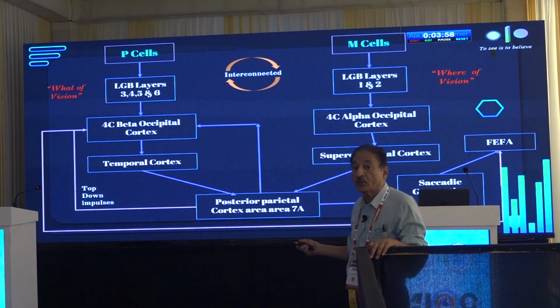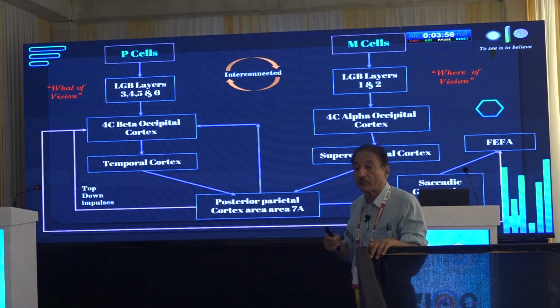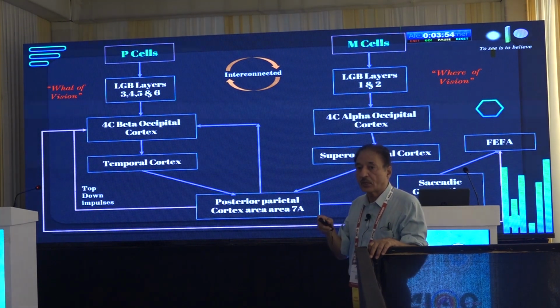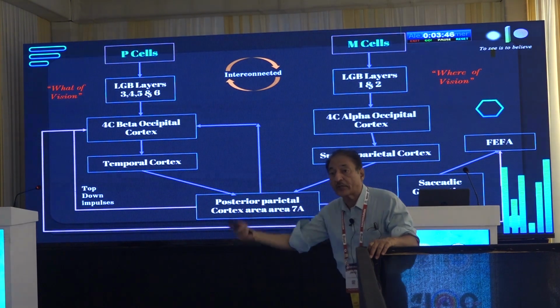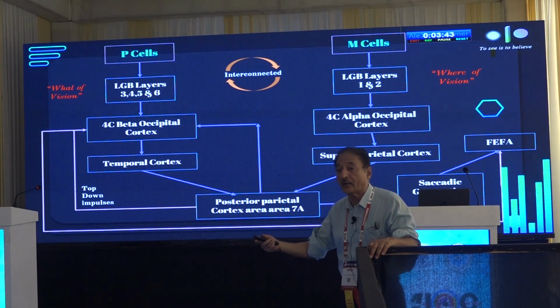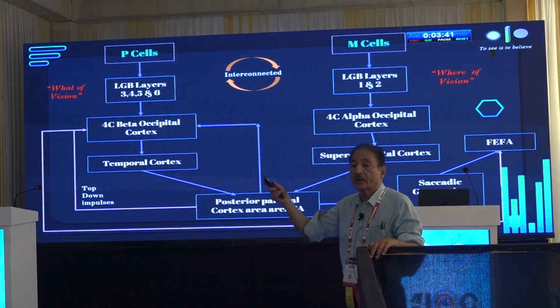This is the principle behind orthoptics. The lights which come on and stimulate the P cells must come on at least 150 milliseconds before the next light comes on the peripheral retina. If it comes later, it doesn't work.